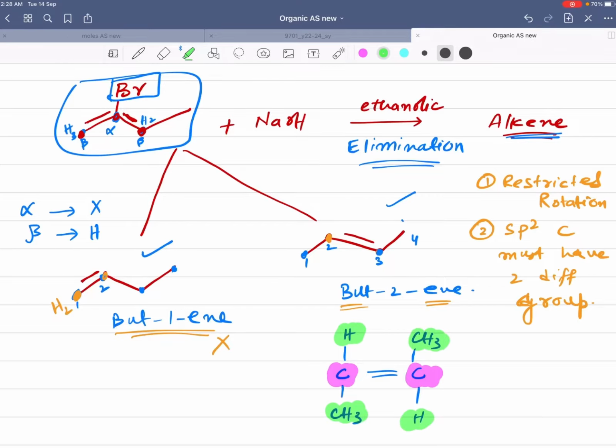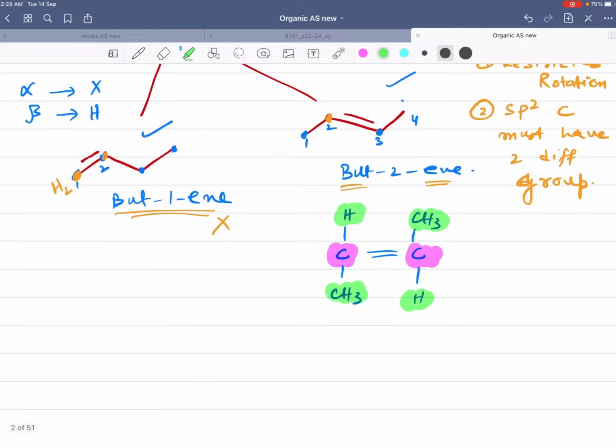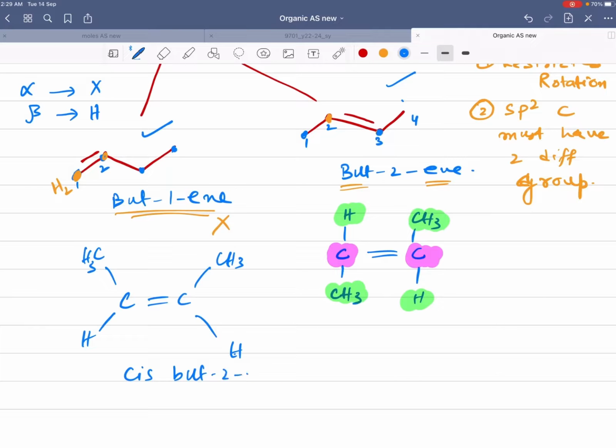So that means they can exist as two different isomers, geometrical isomers, cis and trans, which we can draw like this. C double bond C. If both CH3 groups are on the same side, this is called cis-butene.